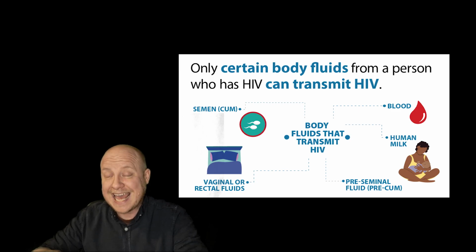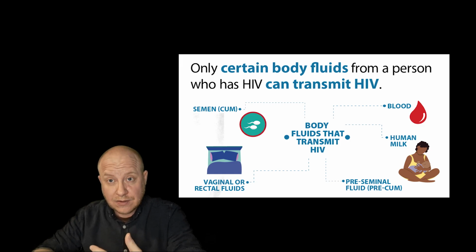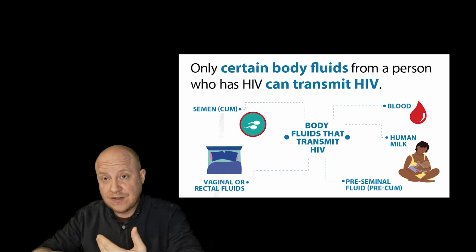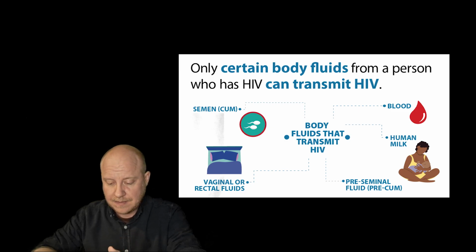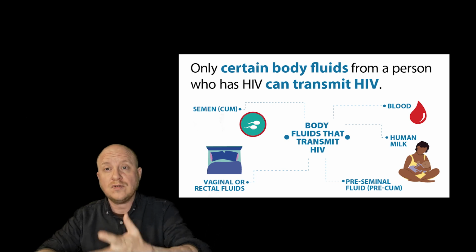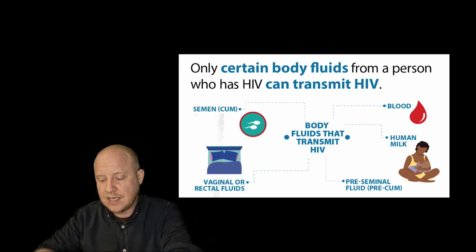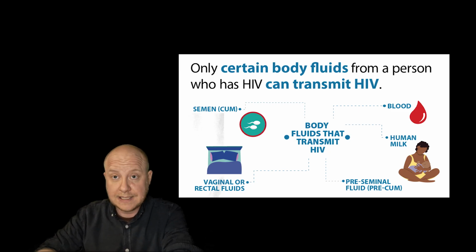The fluids that can transmit HIV are blood, semen, rectal fluids, vaginal fluids, and breast milk. Okay, so if you are exposed to those fluids, if you take those fluids into your body in some way, then you can be infected.